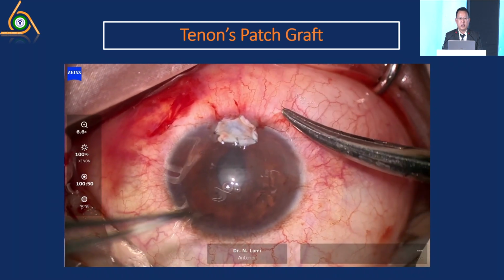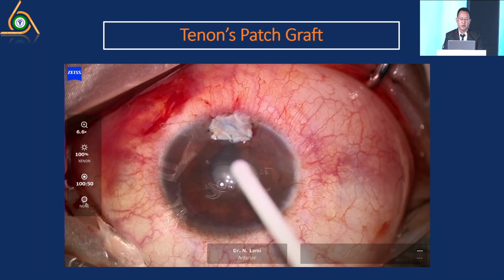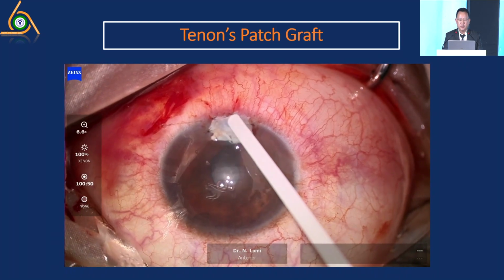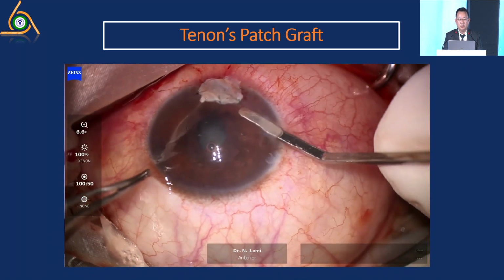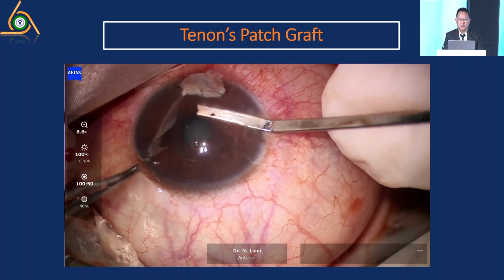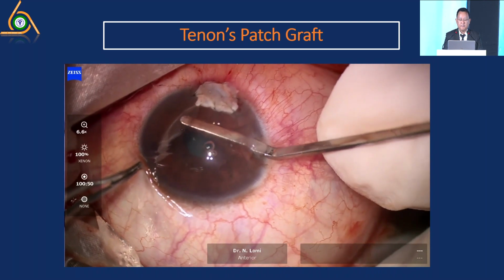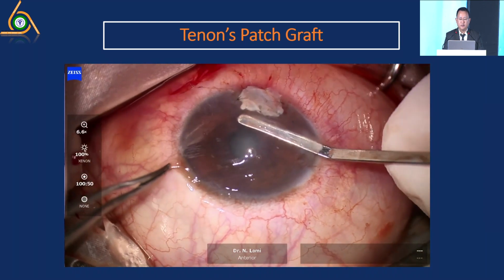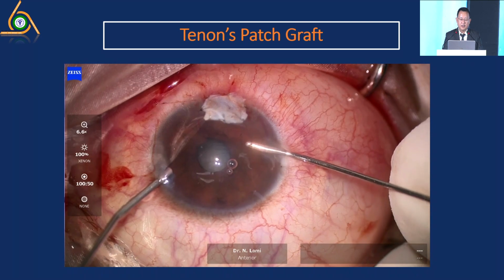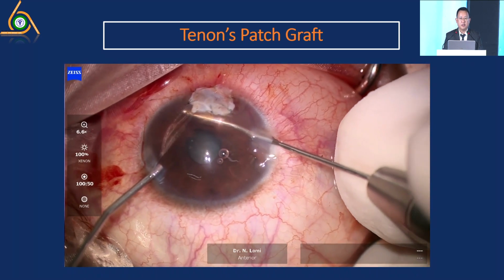Or some have described an overlay with amniotic membrane graft also. Here I have used fibrin glue. All the viscoelastic and the pigment that has been released has been washed off.